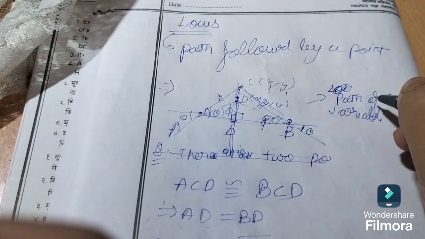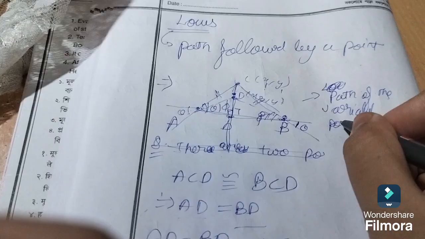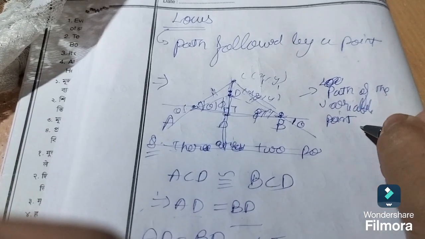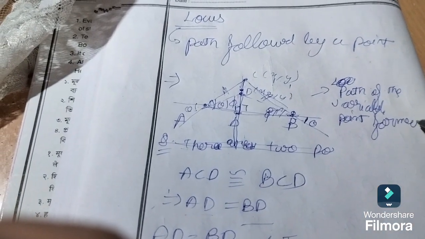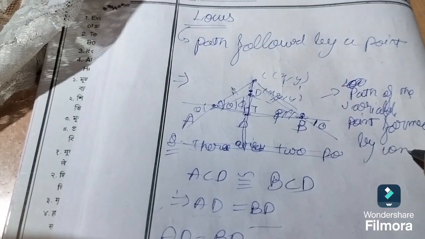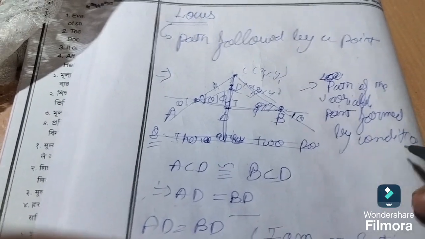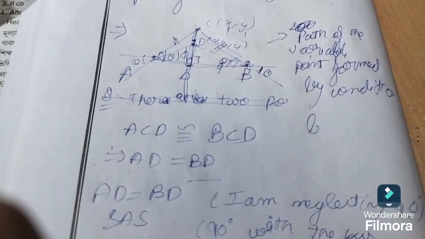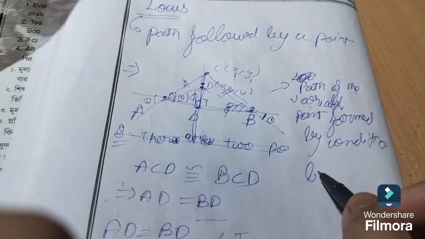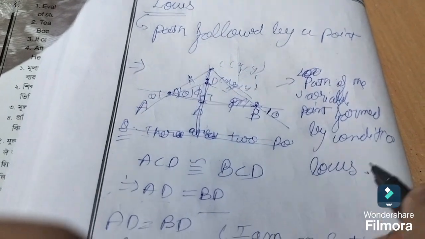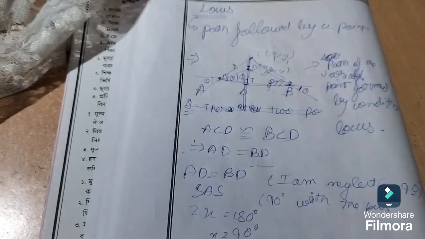Basically you join all the variable points which are formed by the condition, and that is the locus. So this is the locus.